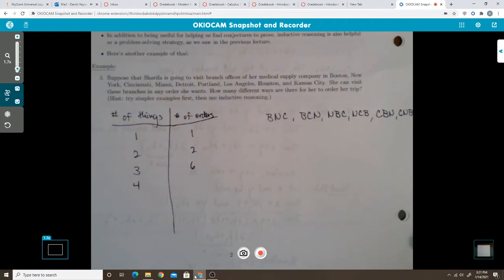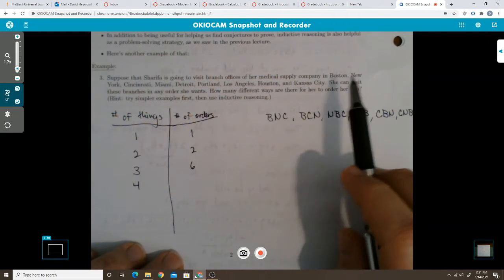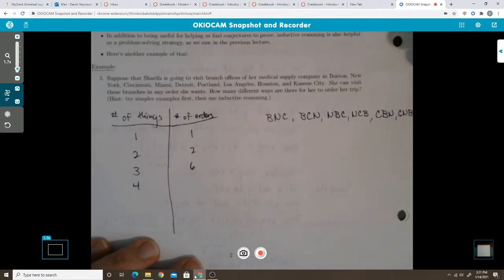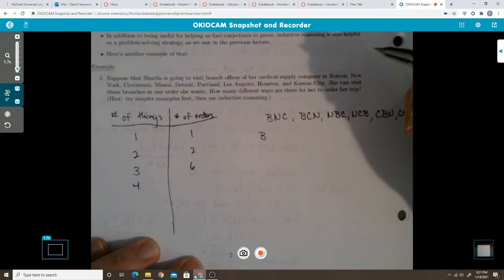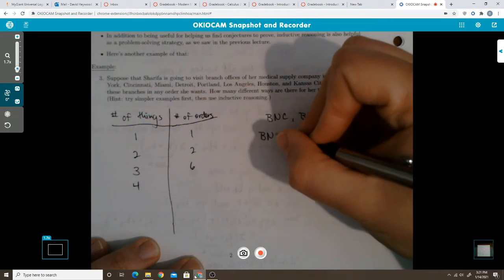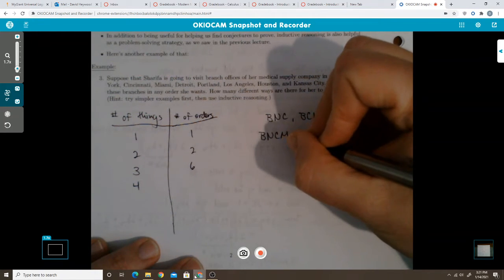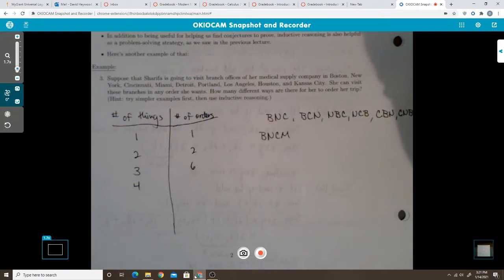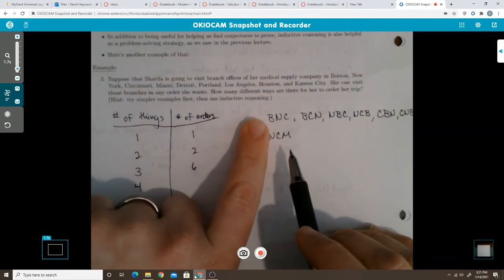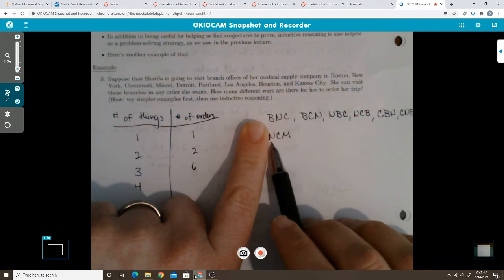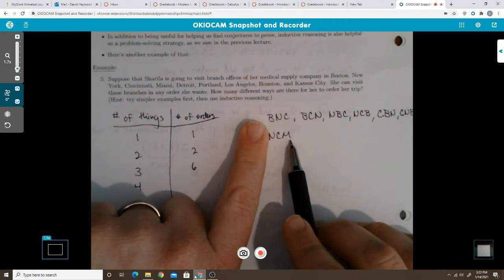Again, we'll use cities: Boston, New York, Cincinnati, Miami. Okay, I'm going to cheat a little bit. If we assume that Boston comes first, we already know that there are 6 ways to order these 3 letters, right?